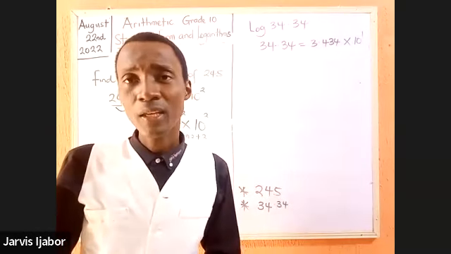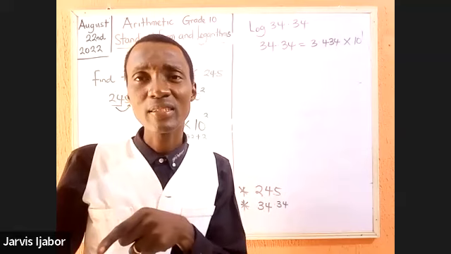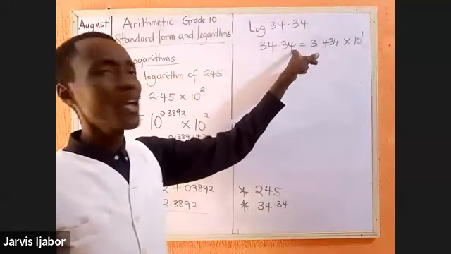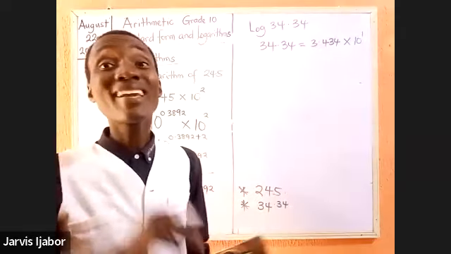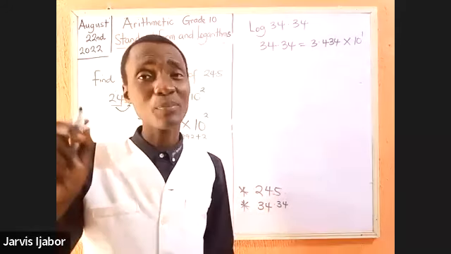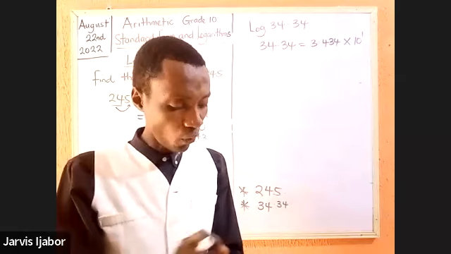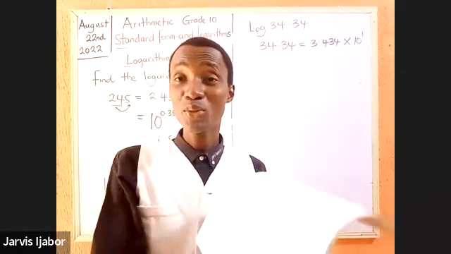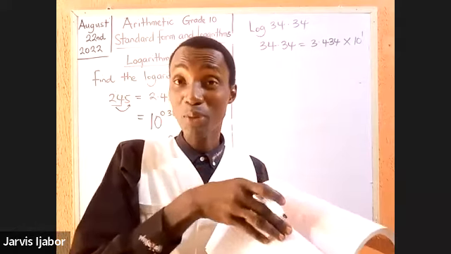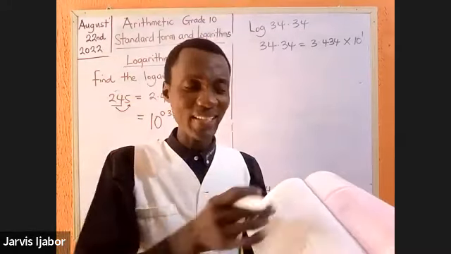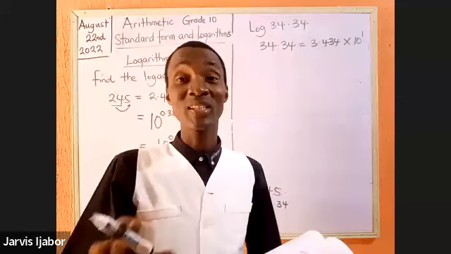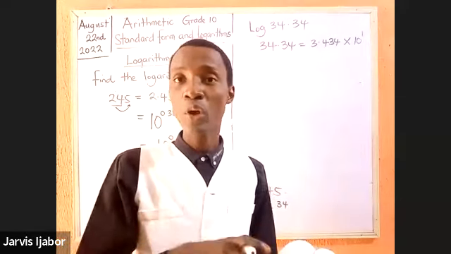Are you seeing it? That differences column is where you're going to check this digit. To make it easy for you, so that you don't make a mistake, use your 4-figure table and look for 34. I will be doing another video on the use of this table, showing you how the 4-figure table goes. So if you have any issues with this class, know I'm doing another video to help you understand it better.